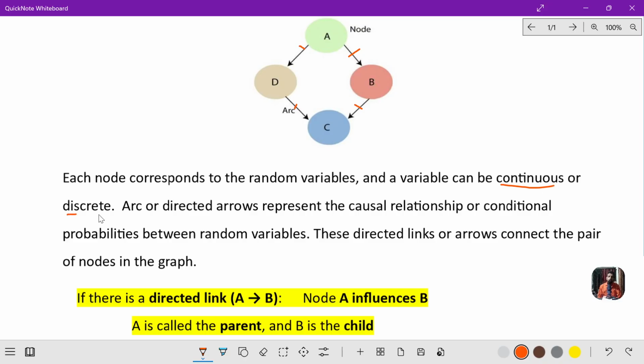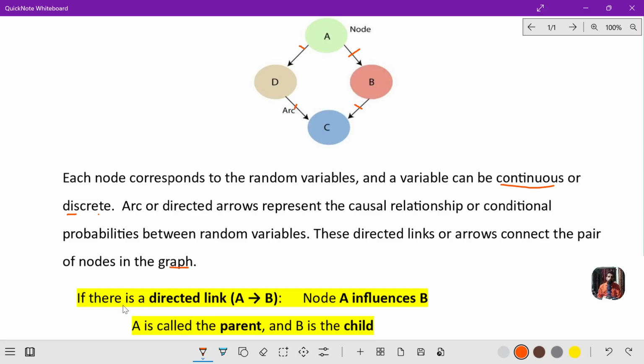Okay, so arcs are directed arrows that represent the causal relationship or conditional probabilities between the random variables. These directed links are arrows connected to pairs of nodes in the graph.